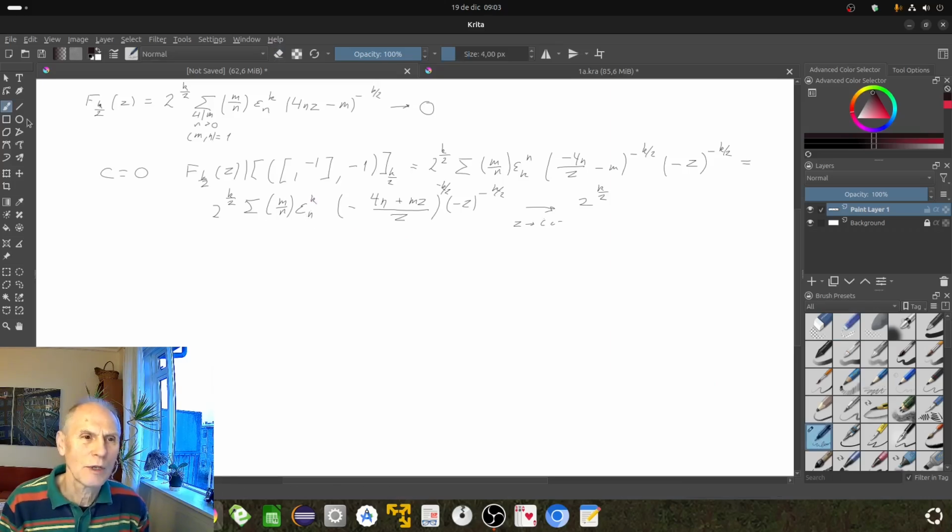And when n is 1, it gives unity, right? So this gives unity, and it was n equals 1, m equals 0.